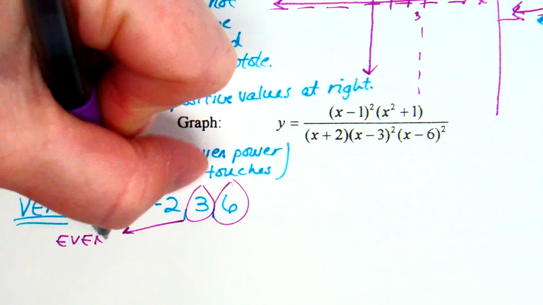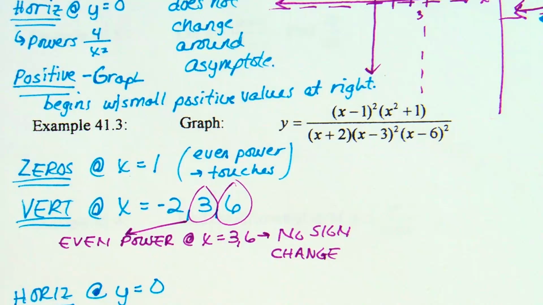Let's see. What all am I putting on here? A 0 at x equals 1. Now, what do we know about that 0 at x equals 1? It's just a touch. My shortcut here is I like to put a little T or C. If we get into where we're doing some of each, I put a little T or C there to remind myself. I have vertical asymptotes at -2, 3, and 6.